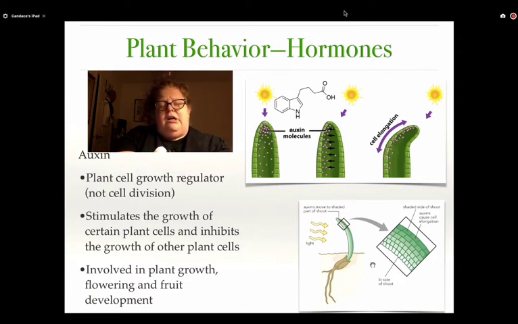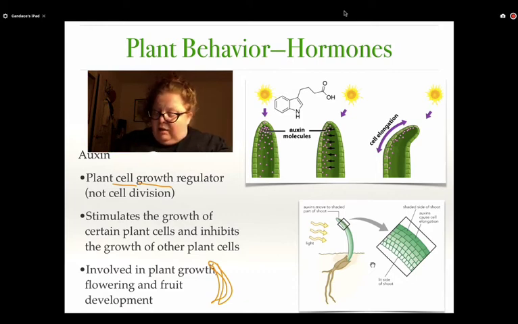And there are lots of things that happen within the plant, as you can see here, that are regulated by auxin. Now, the key here, and I hope this makes sense, is auxin regulates plant cell growth, meaning the individual cell's size.